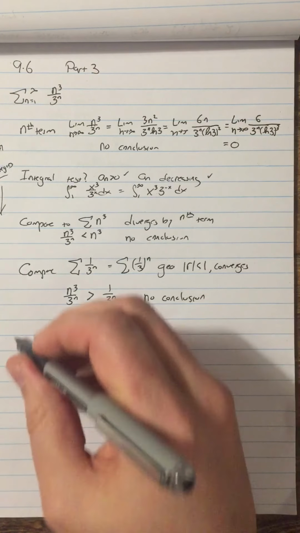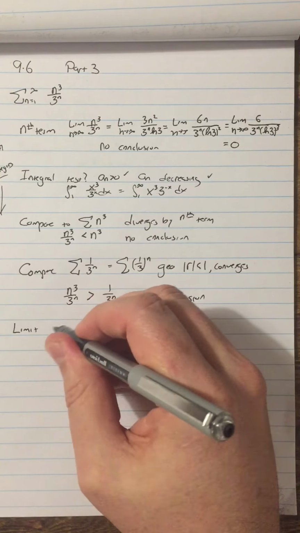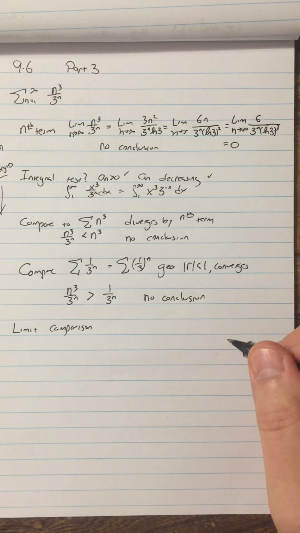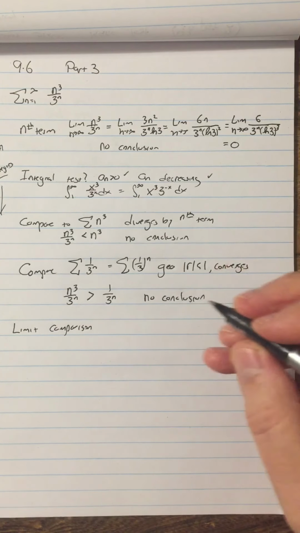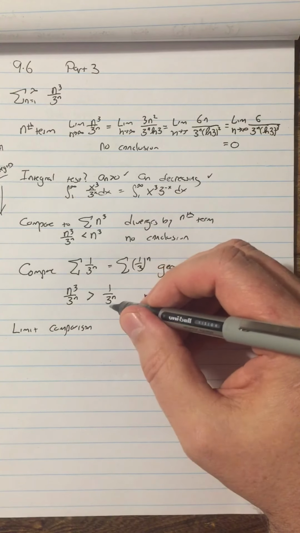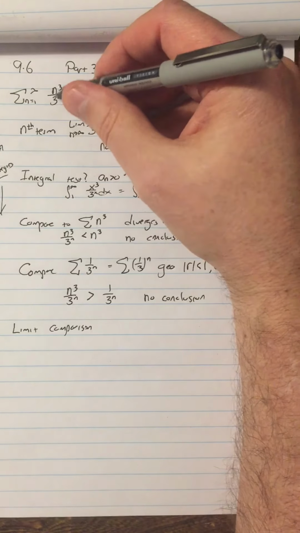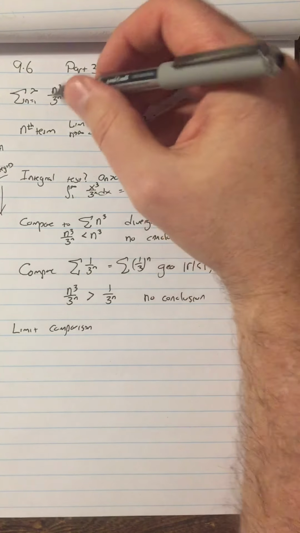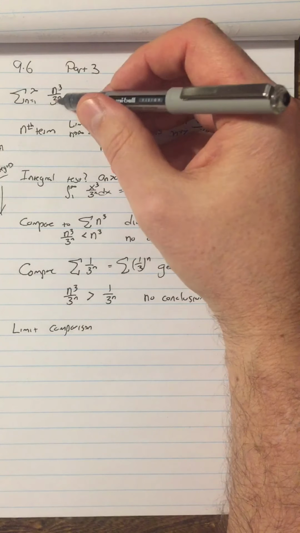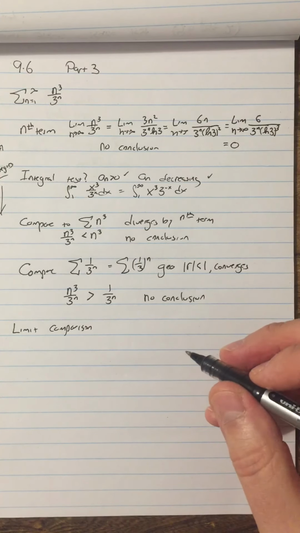All right, well, these are the situations where I want to try and use the limit comparison test. I think my most productive comparison was 1 over 3 to the n, which sort of captures the exponential geometric nature of this, which is probably the dominant feature of this series.